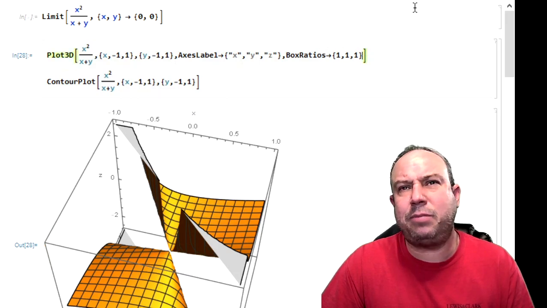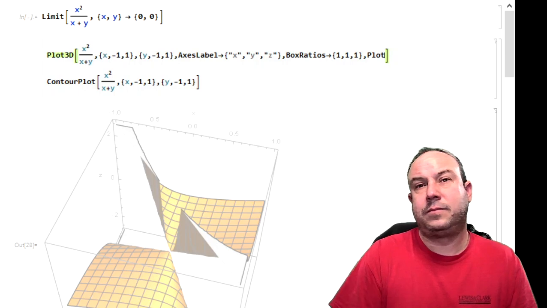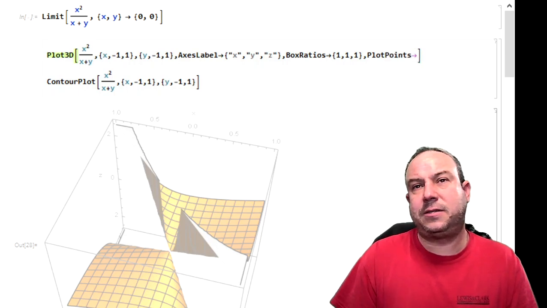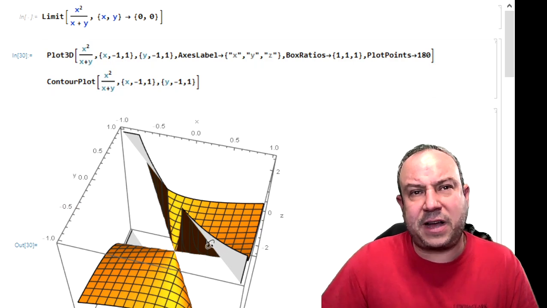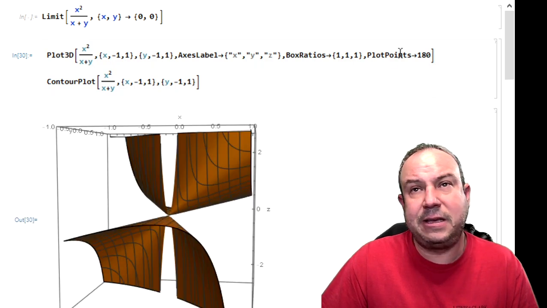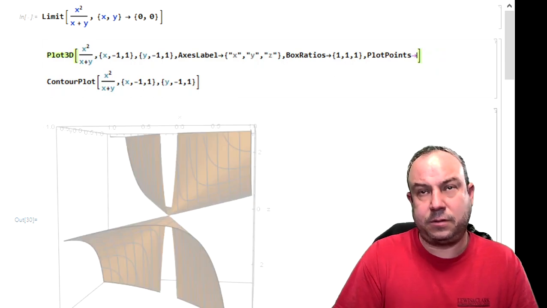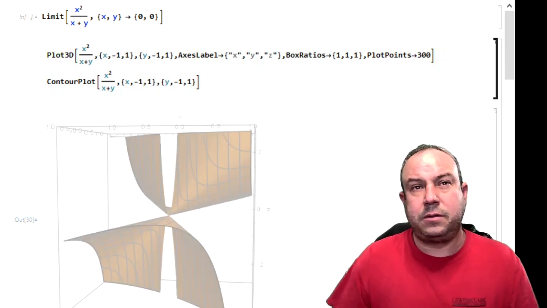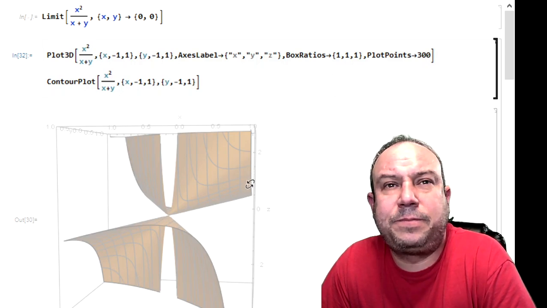Now, can I make it plot more points? What if I went with like 180? Do I get a refined sense of the graph? It does refine itself a little bit there, I think. What if we were to bump that up to 300? Does it change any of that illustration some?